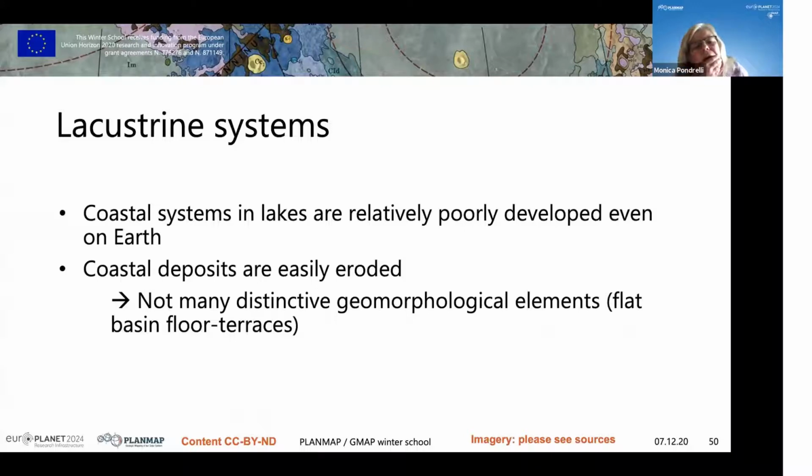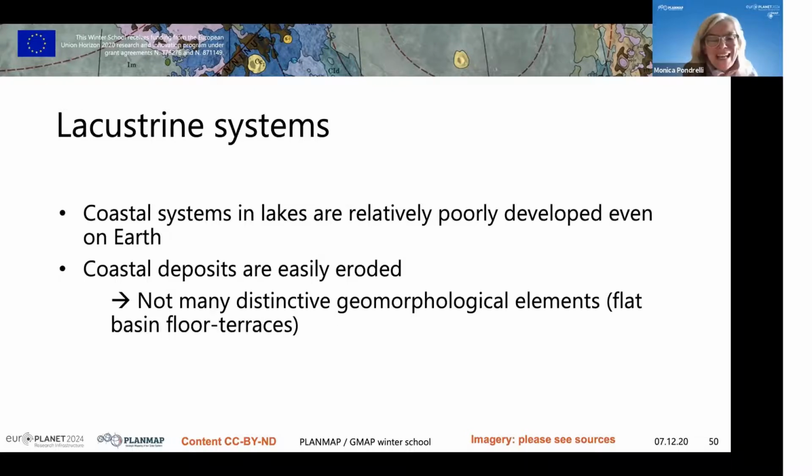Lacustrine systems. It's very difficult to look for coastal systems in lakes because they are relatively poorly developed even on Earth. I mean, if you want to go to the beach, you go to the sea; in the lakes, you have very small spots. Moreover, the coastal deposits are very easily eroded. So there are some terraces sometimes, but they are not as distributed, as preserved as we would like.